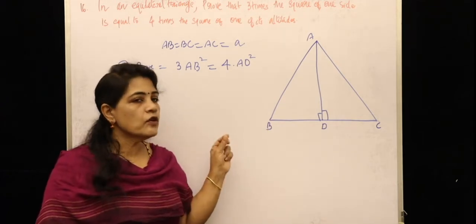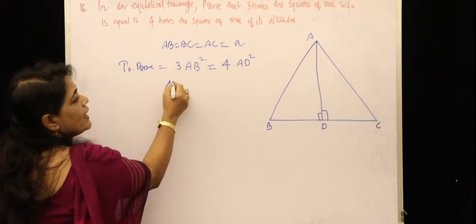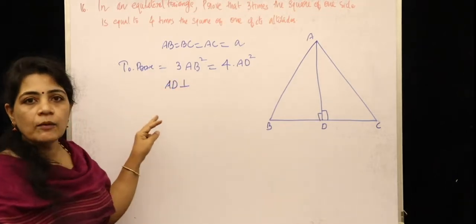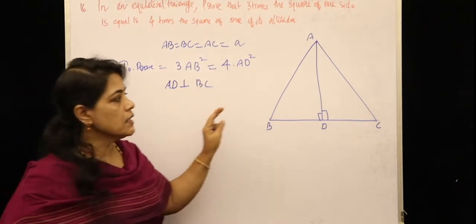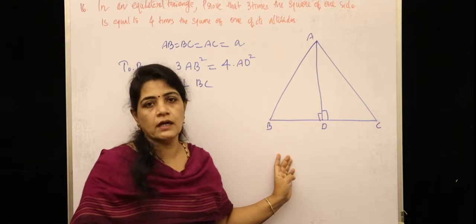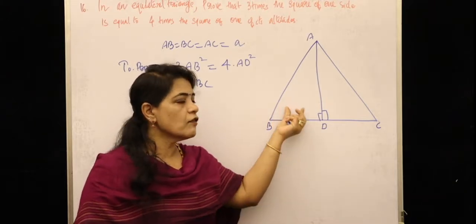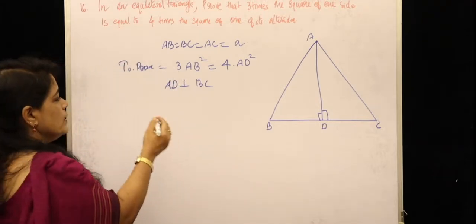Okay, so since we have drawn AD, we have AD perpendicular to BC by construction. That means this big triangle ABC is now divided into two right triangles. So I am going to consider one of them, right triangle ADB.